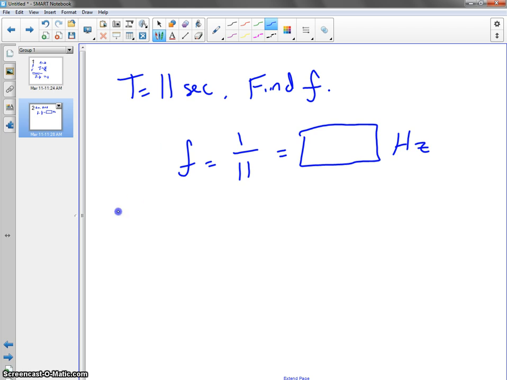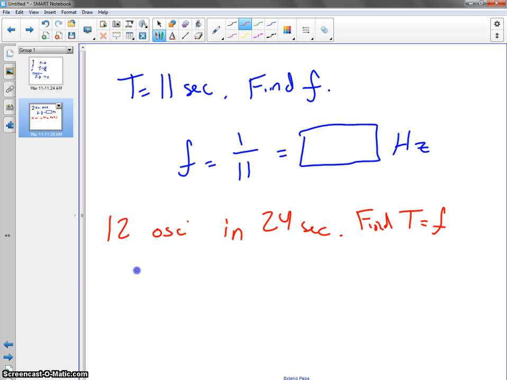The other thing that you need to remember is if I say something like there are 12 oscillations in 24 seconds, and then I say find period and frequency, you have to remember the difference, right? You have to remember that period is time divided by number of oscillations.